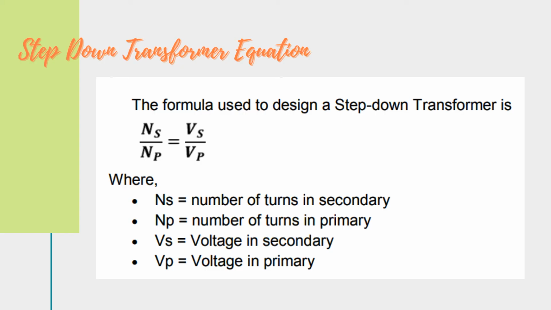Step-down transformer equation. The formula used to design a step-down transformer is Vs/Vp = Ns/Np, where Ns equals number of turns in secondary, Np equals number of turns in primary, Vs equals voltage in secondary, Vp equals voltage in primary.